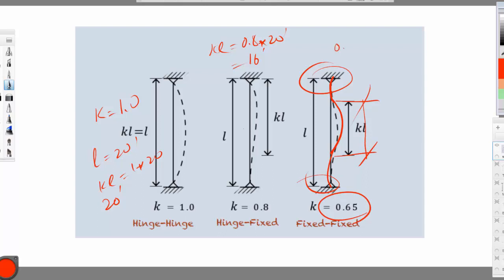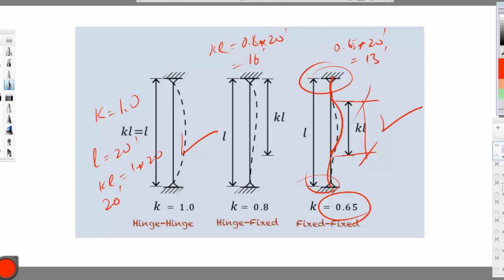So 0.65 multiplied by 20 feet, assuming the length is the same, then the effective buckling length is equal to 13 feet only. So of course this is the strongest and this is the weakest. These rules will be used in the design of columns.